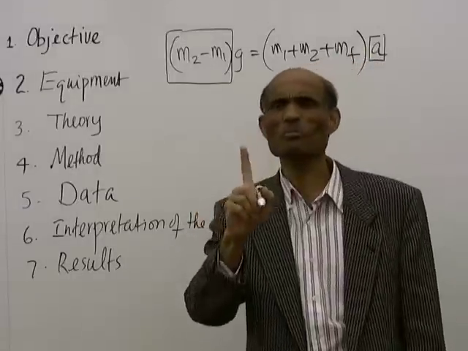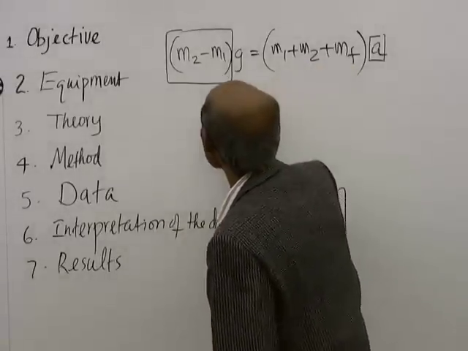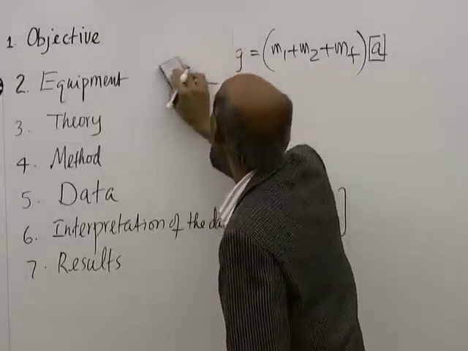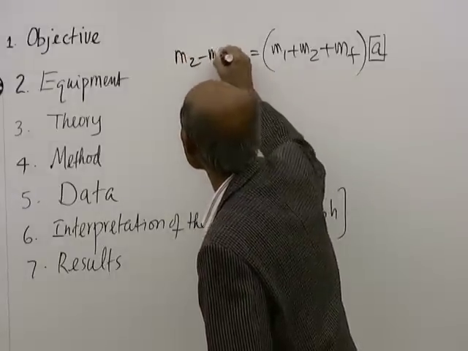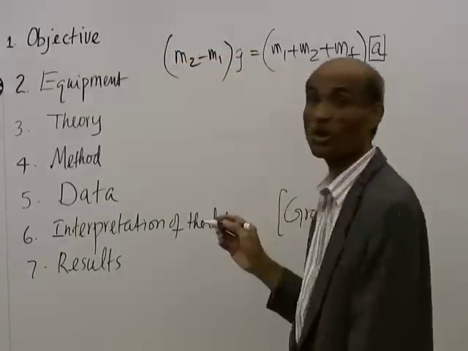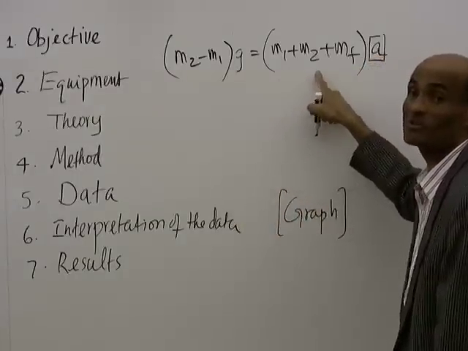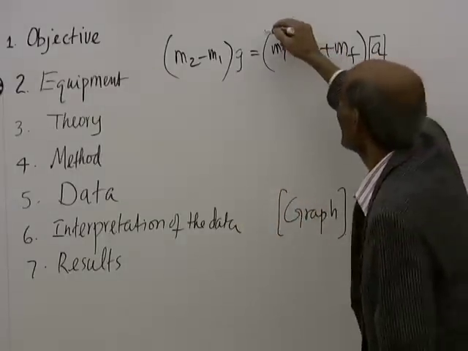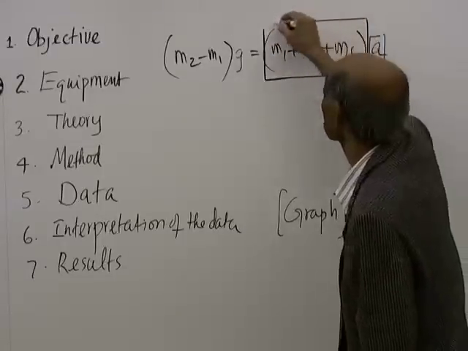Now I'm going to make a small difference in here. I'm going to say m2 minus m1 is going to be a constant. I'm going to keep that a constant. And what is going to change is m1 plus m2 plus mf. Now, this quantity is going to change.